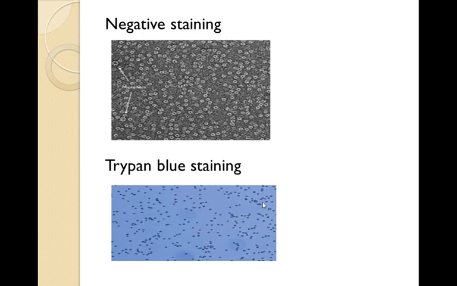Okay, next is the trypan blue staining. Trypan blue staining, as I have discussed in an earlier slide about vital staining, is a type of vital staining. It is used to differentiate between the dead and the living cell.